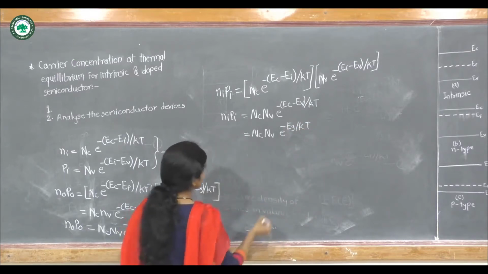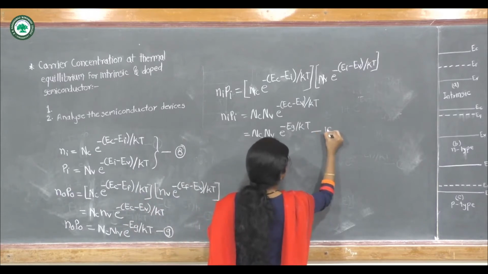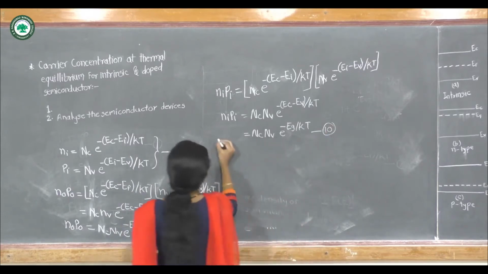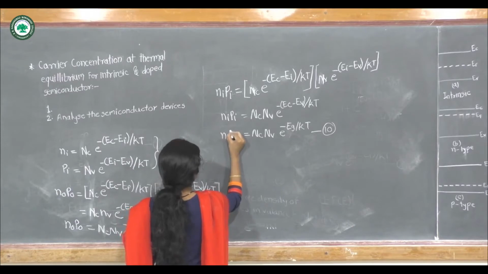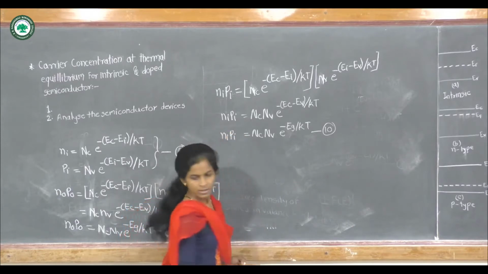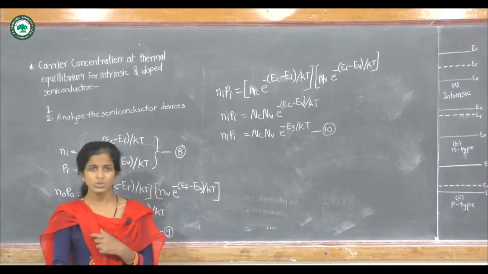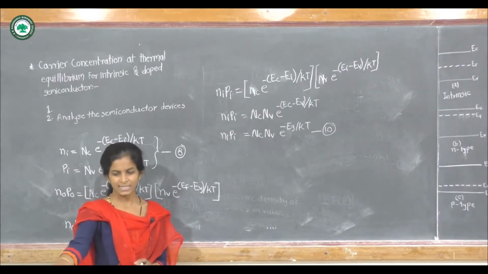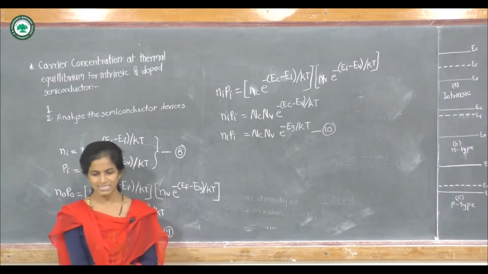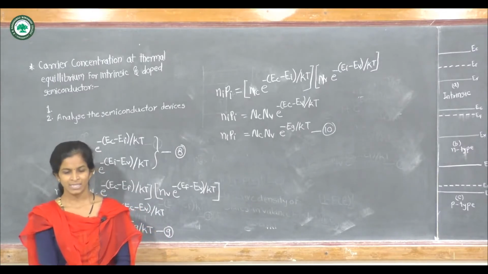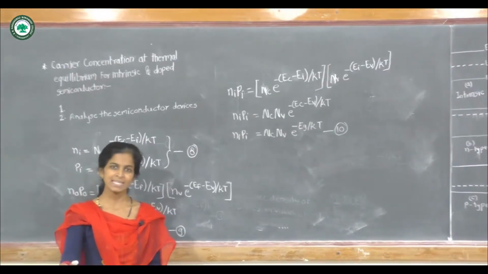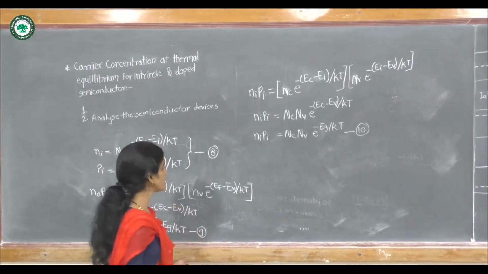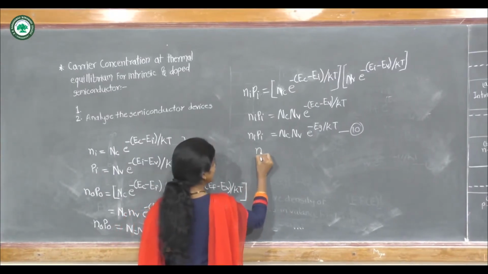So this is equation number 10, the product ni pi. So the intrinsic electron and hole concentration are equal since the carriers are created in pairs. So we have ni is equal to pi.